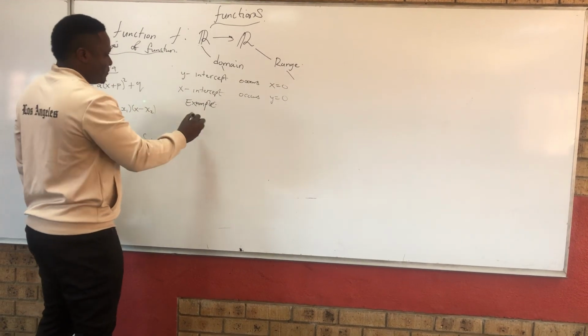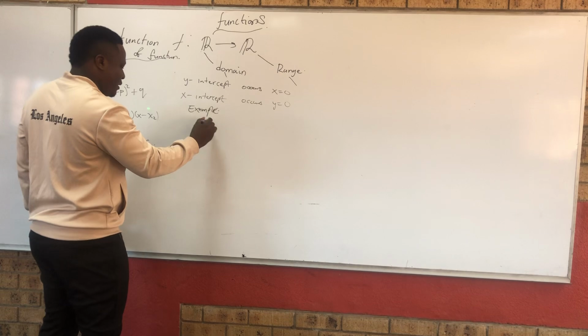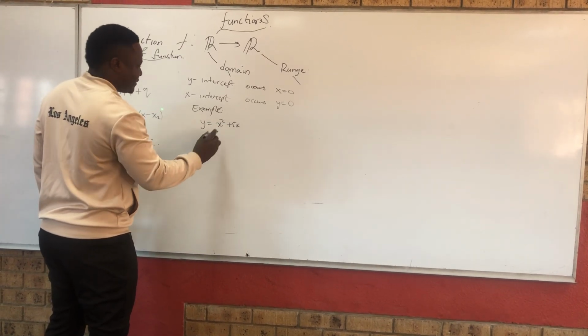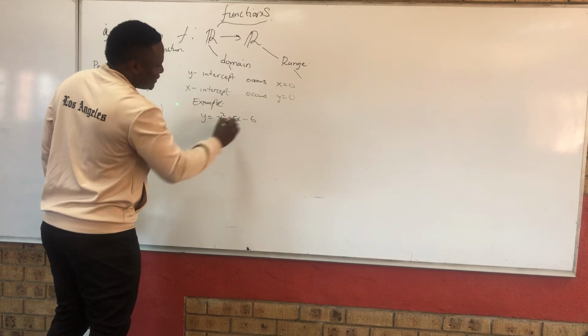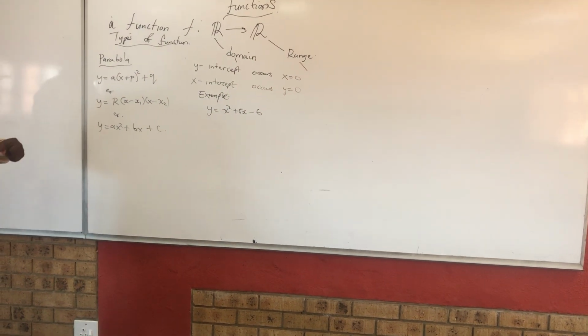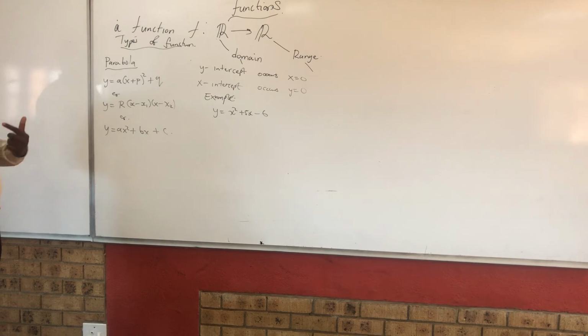let's say you have x² + 5x − 6. This one is considered a parabola.